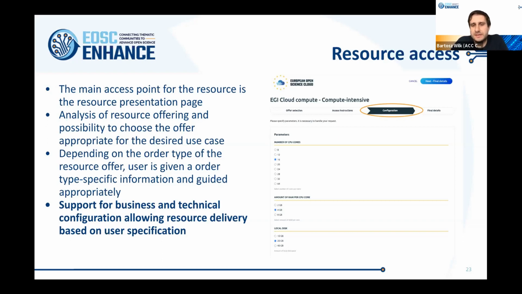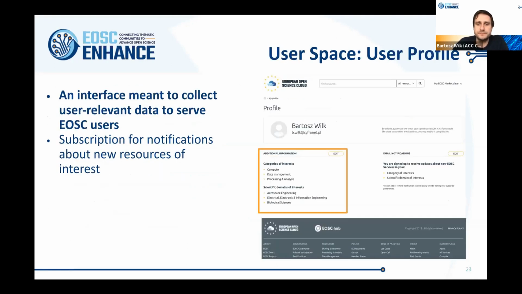Providers can define what type of parameters they need to collect from the end users when they create offerings of the resources in the EOSC portal, and the users are filling this information while ordering.